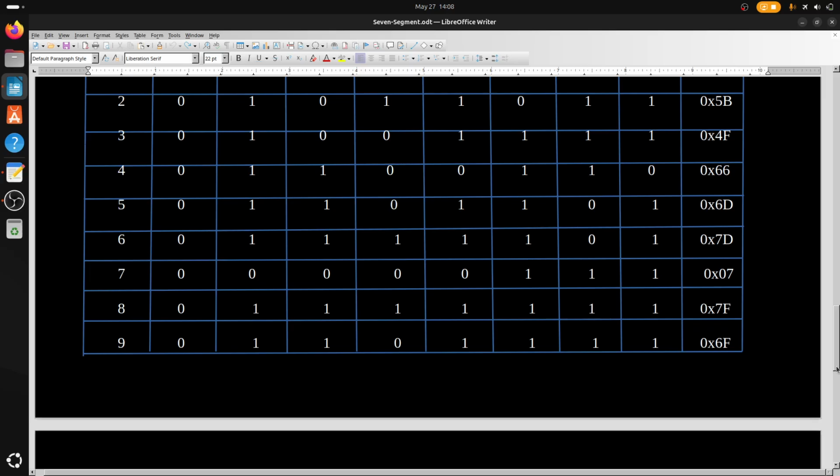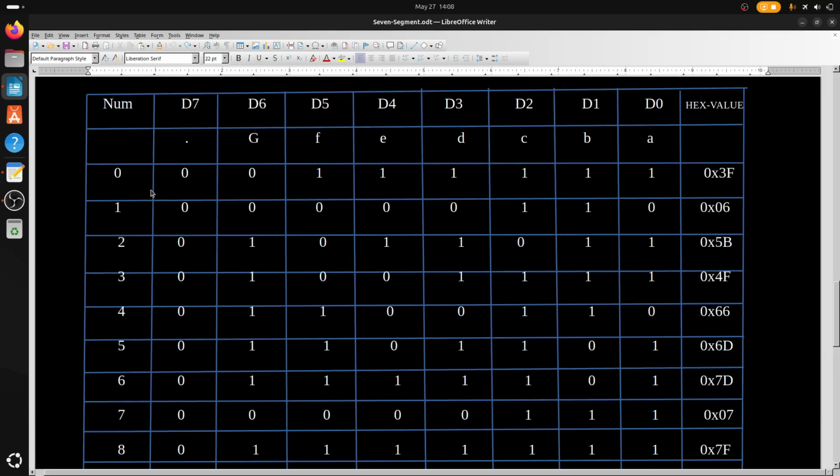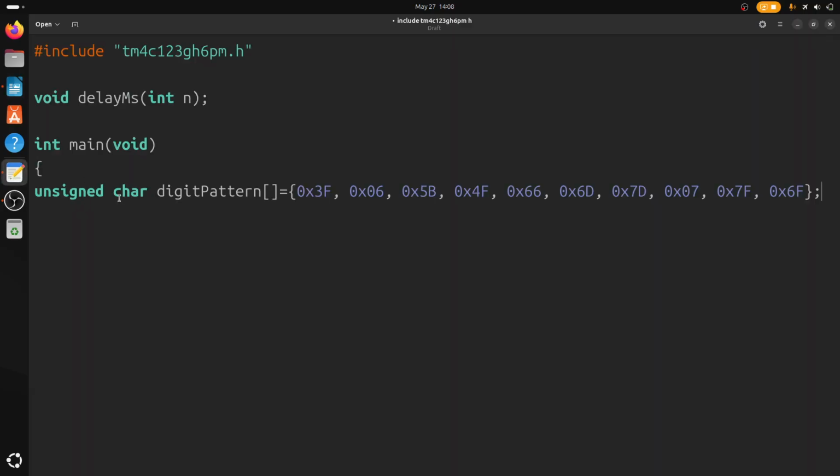Because I want to display 0 up to 9 on the 7 segment display, and I'm putting all of this in an array.